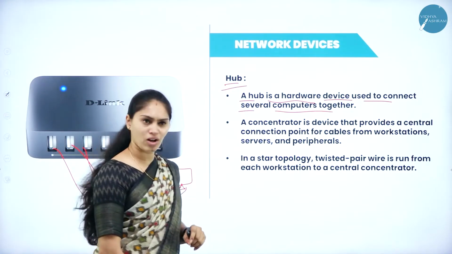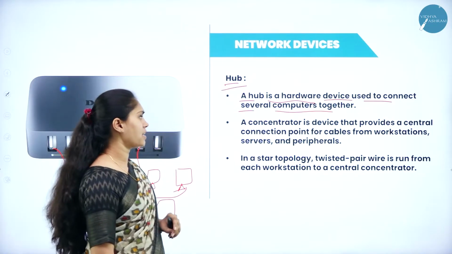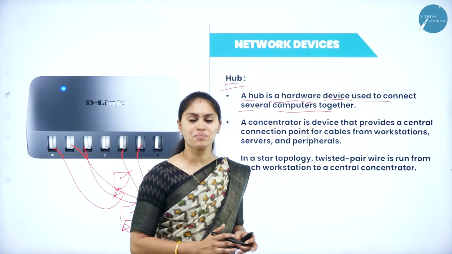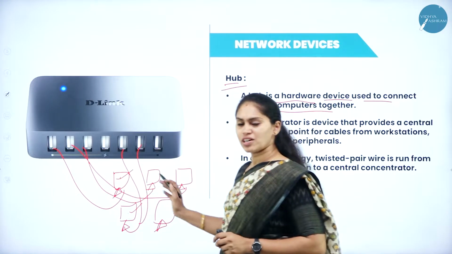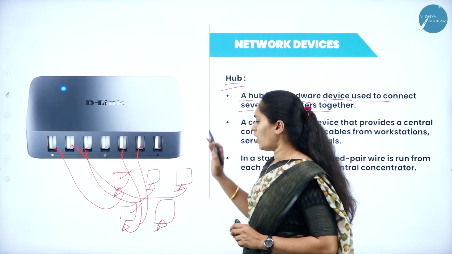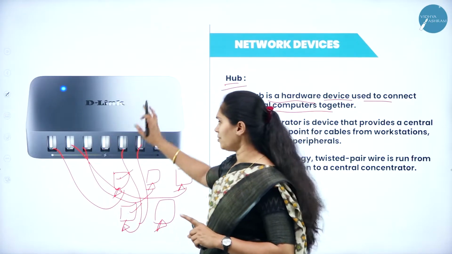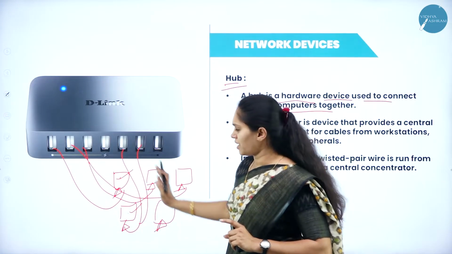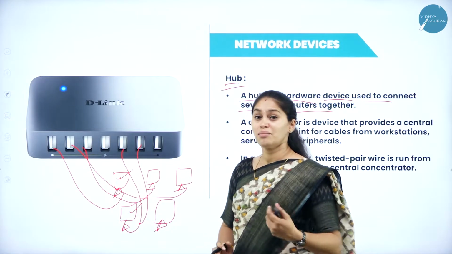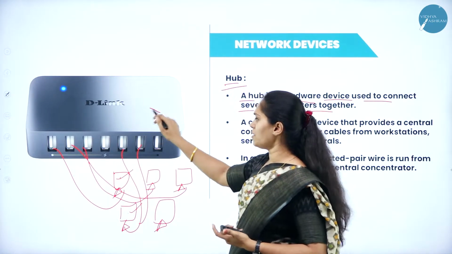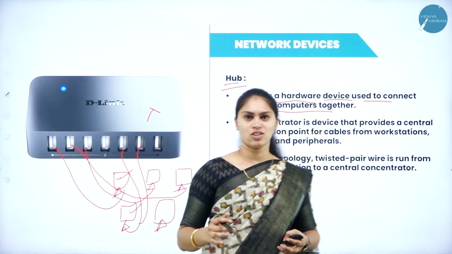So this is also a hardware device that is used to connect several computers together. Instead of managing every workstation or computer individually, all the devices are going to be connected to the hub. And if I am maintaining a hub, then that means we are also maintaining all these computers. But what if something goes wrong with this hub? Everything is going to be connectionless.